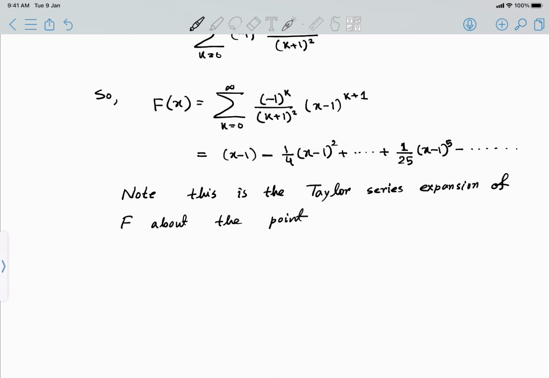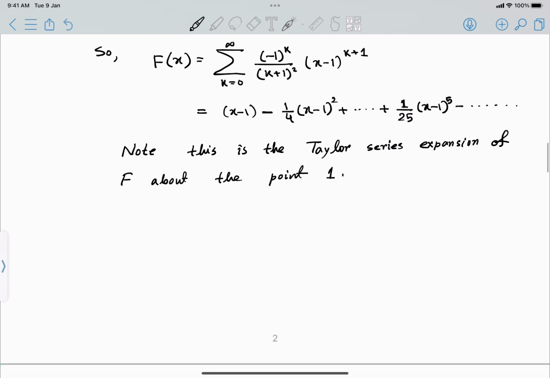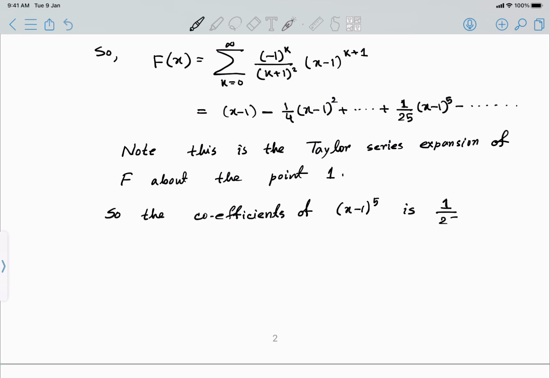Right, so the coefficient of (x minus 1) to the power 5 is 1 by 25.